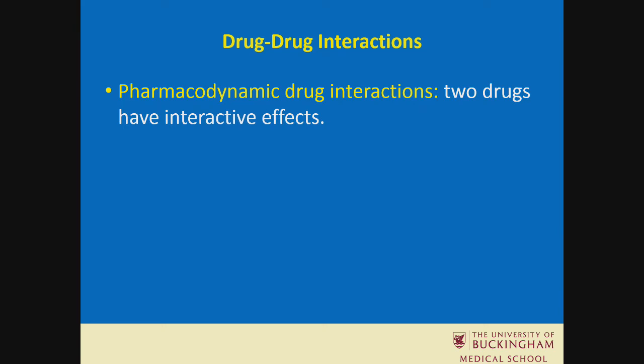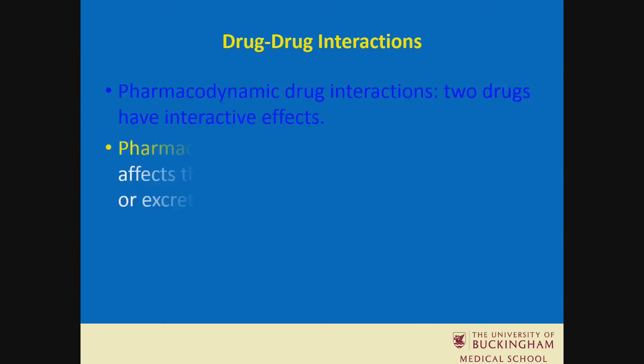You could think of, and this will come up again later, codeine and alcohol. They both have depressing effects in the CNS, but they do it in different places, and the net result is an even bigger depressing effect in the CNS. I'm not going to talk much about this in this particular session, but at the end of the slide deck that you've got, there are a few extra slides that talk a little bit about the pharmacodynamic drug interactions.